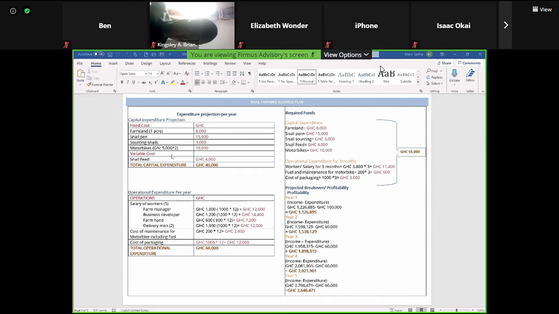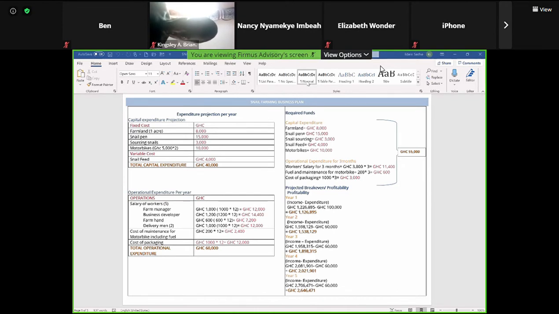You match it against the revenue, and then you begin to see how much profit you are going to be making. So if you look at it, the funds required, yes, farmland, the construction of the snail pen, the motorbikes to deliver, operational cost every month, the workers' salary, fuel and maintenance, the cost of packaging, all that is captured in there.